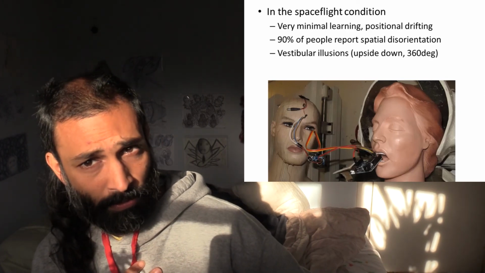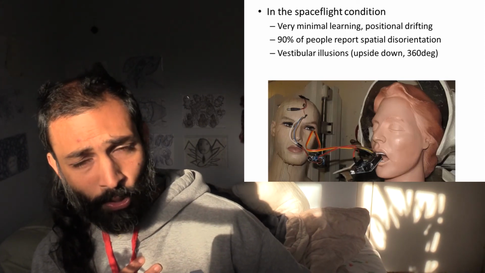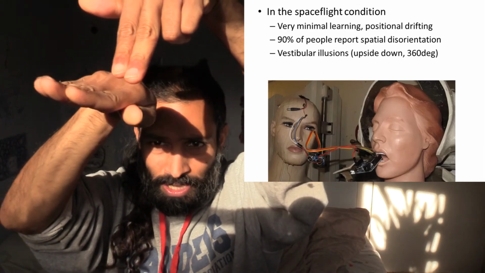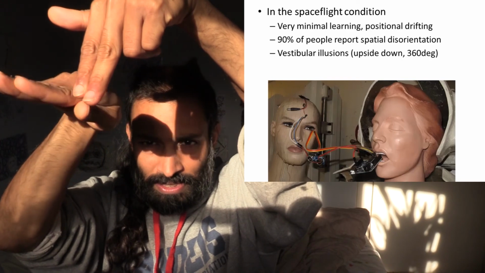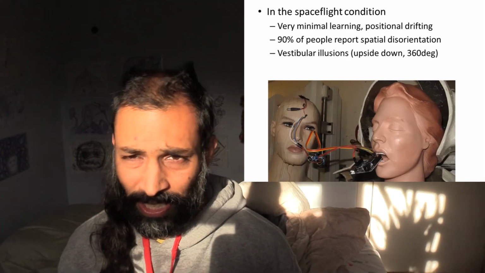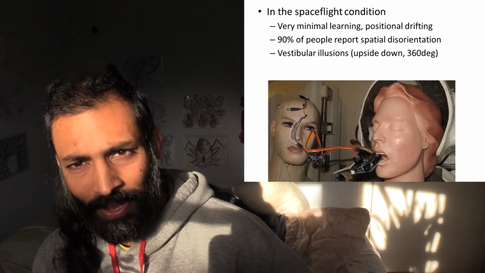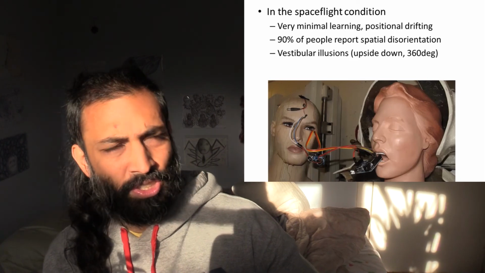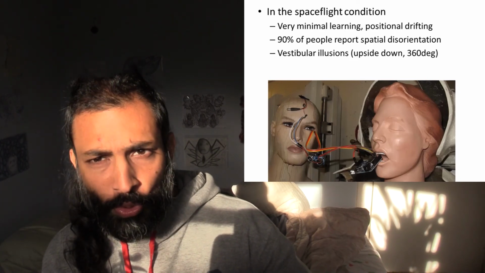Some people, like myself, yours truly, know this experiment in and out. And yet, when I'm in this machine, I know it can only operate between 60 and negative 60, I feel like I'm going 360 degrees. It's pretty insane. And again, not everyone experiences this, which is also really interesting. Okay, so it's a weird, surreal, unusual experience.